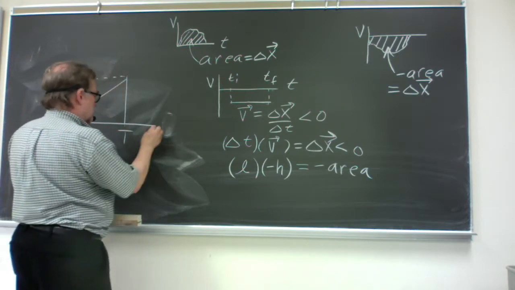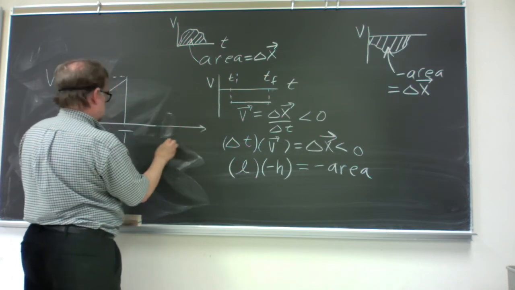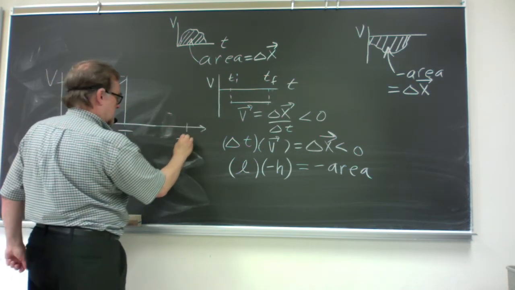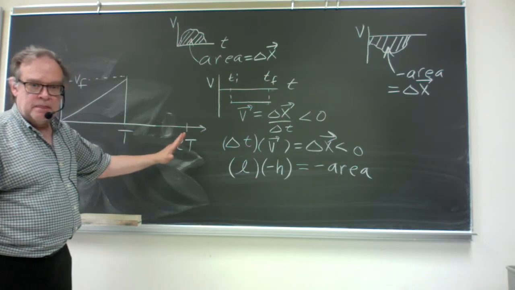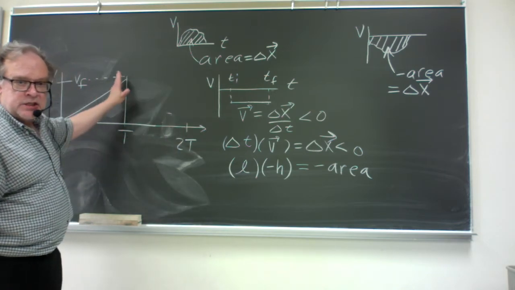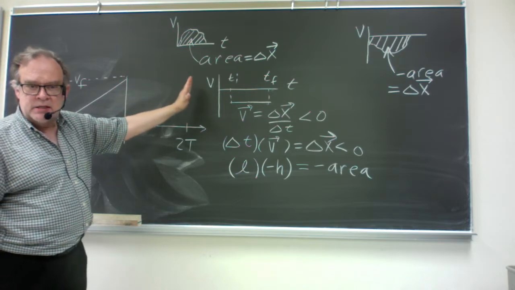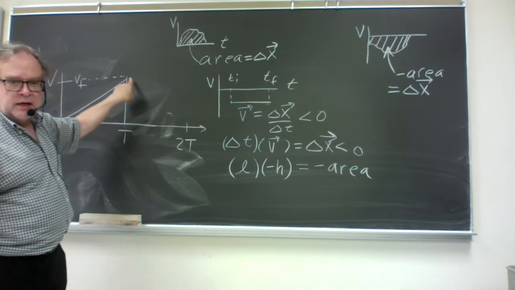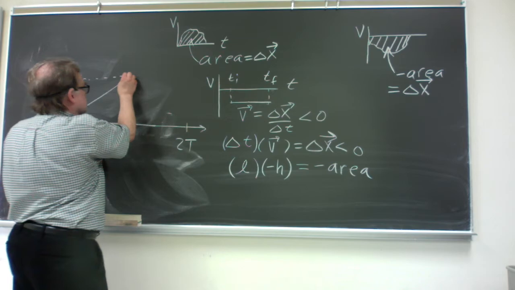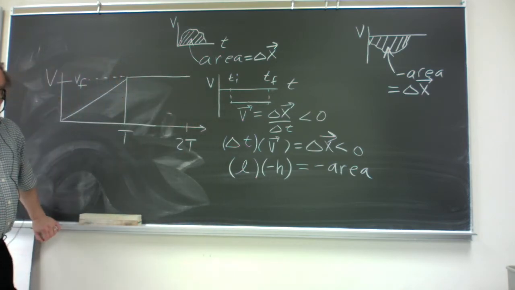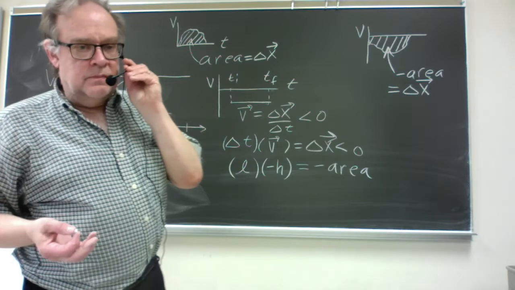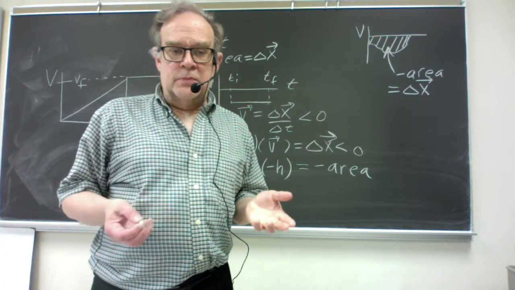Let me make this longer. For a length of time equal to t, t seconds speeding up, and then another t seconds at the constant velocity vf. And so the object was moving, so obviously there's some displacement.